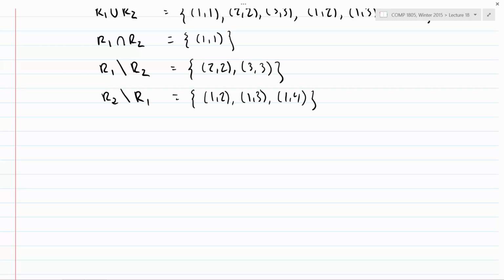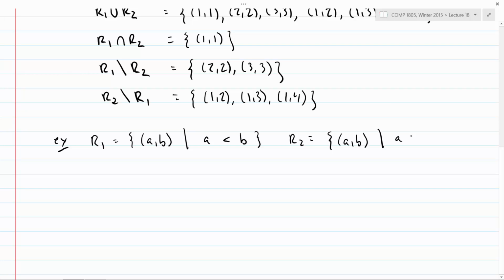All right, so let's do something a little bit more complicated, where we don't have these explicit definitions. So let R1 be the relation {(a, b) such that a < b}, and let R2 be the relation {(a, b) such that a > b}. And these are both over the set of real numbers.